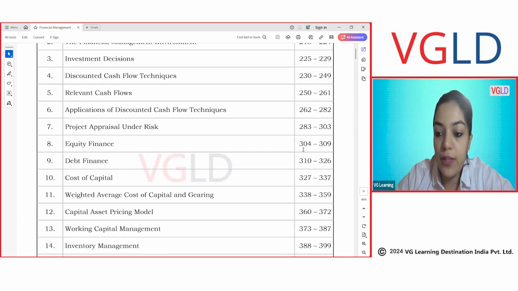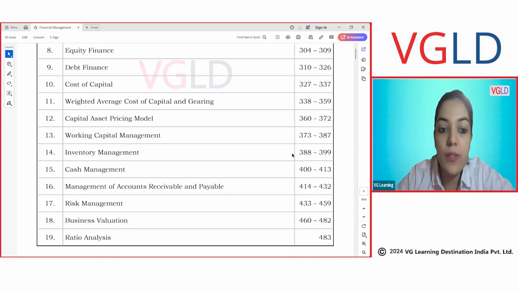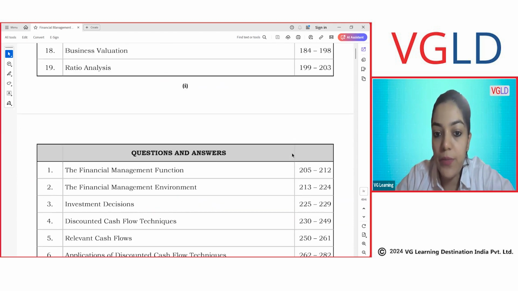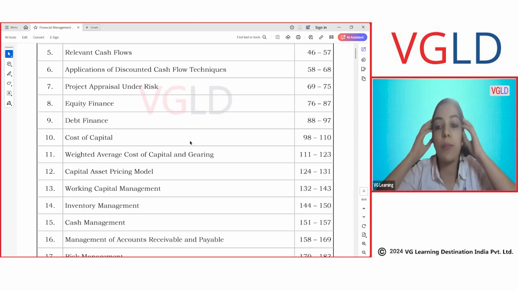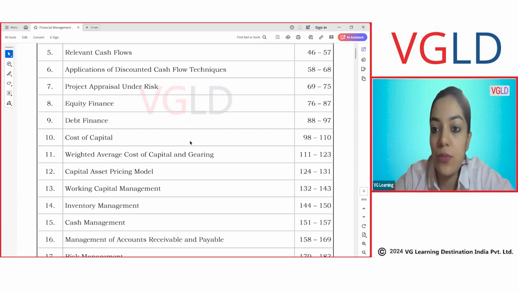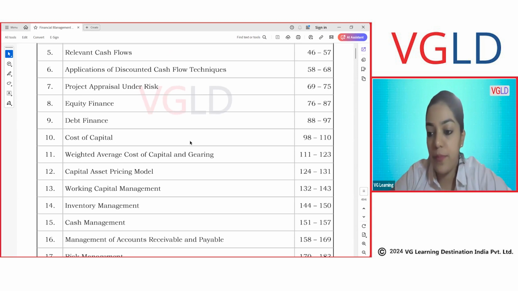So from 205 till the end of the book, which is up to 500 pages, 300 pages of questions are there at the back of the book. So we're going to practice from here. The content will be covered from here, and of course, we will be discussing some extra questions in class also. Okay, Apurva, so you don't need to follow any other book. This book will be comprehensive.